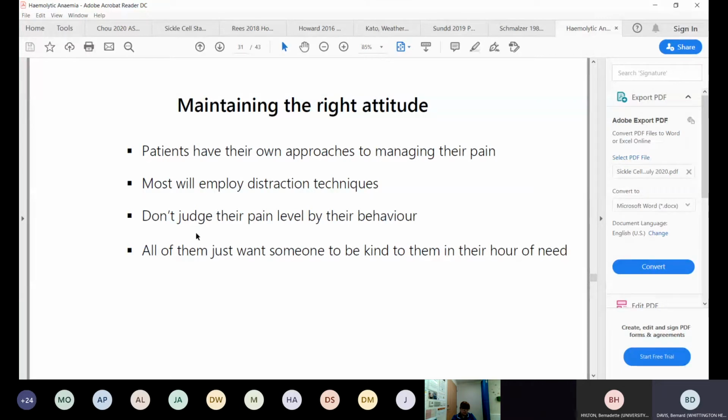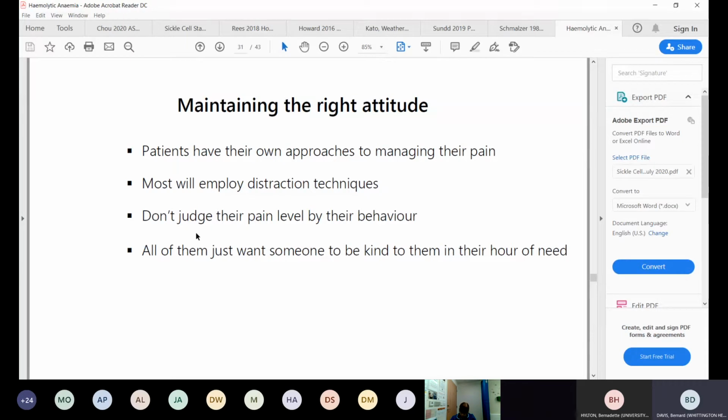This is one of the things that causes a lot of distress to patients, and we get a lot of complaints because of this. The patients will say, just because I'm sitting down quietly reading my book, it doesn't mean I'm not in pain. Or just because I've walked down to the shop to buy a drink, it doesn't mean I'm not in pain. So please don't think because they're behaving in a certain way, they can't be in pain.